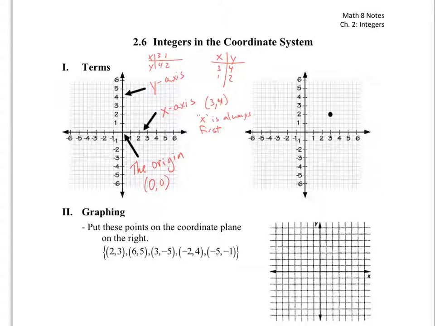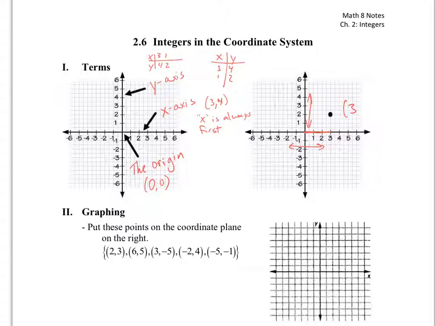So the origin. That's the middle. That is our starting point when we are trying to find coordinates. So you're always going to go right or left first, and then you're going to go up or down. When we're trying to figure out the coordinates of a point, we ask, how far right is this point from the origin?